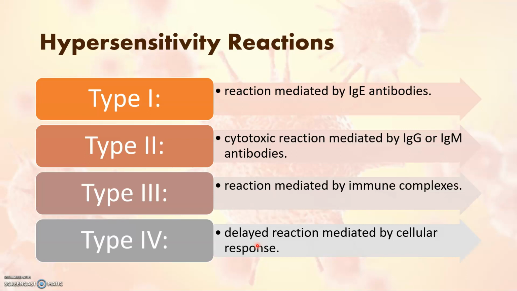As you probably are aware, there are 4 types of hypersensitivity reactions, ranging from immediate hypersensitivity mediated by IgE antibodies all the way down to delayed hypersensitivity, which is a cellular response. And in each of our short talks, we'll speak about one of these hypersensitivity reactions.